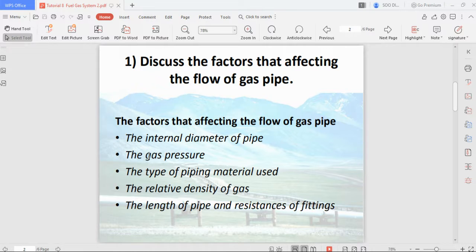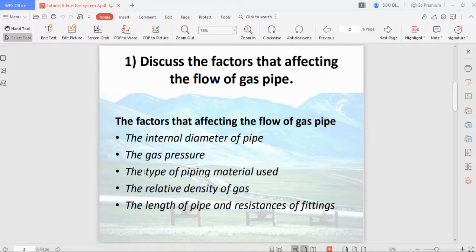Okay, the next is the gas pressure. Same as the internal diameter, if you are supplying a low gas pressure in a gas pipe, then the flow of the gas will be slower. Okay, the third is the type of piping material used.